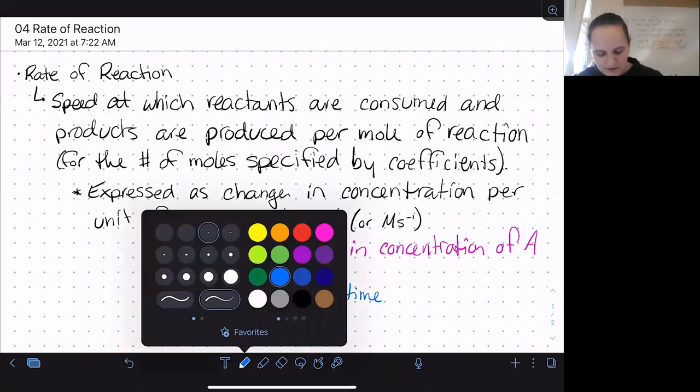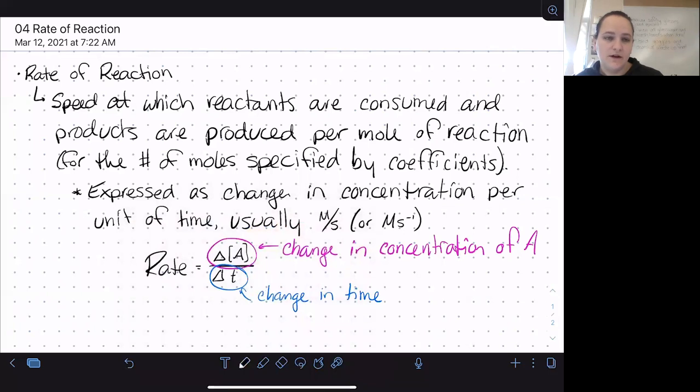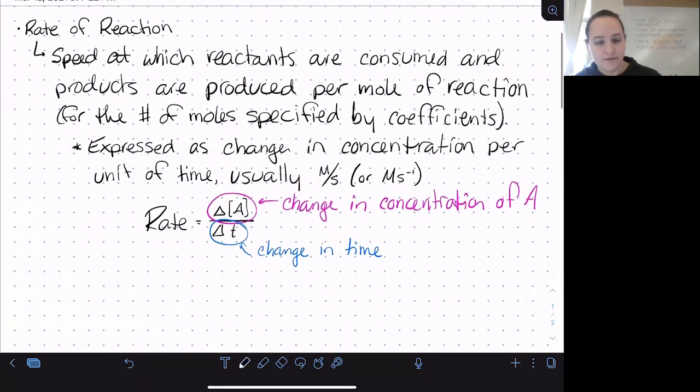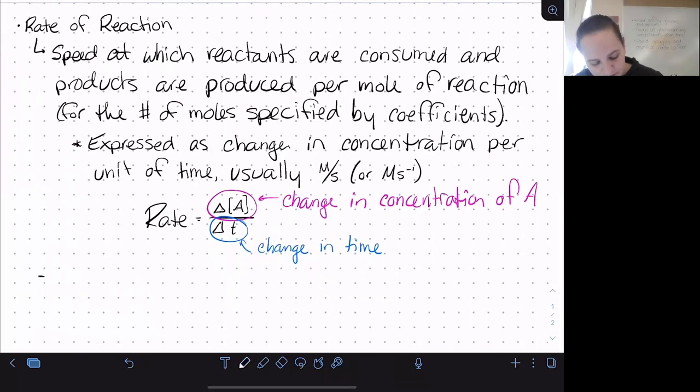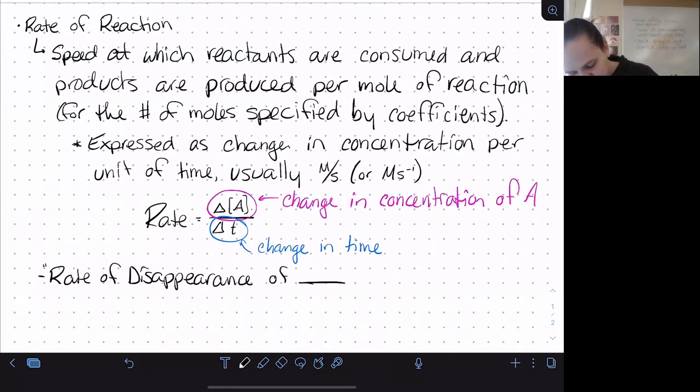So some other terms that you will see, the rate of reaction is describing the reaction as a whole, but we can also describe the rate relative to one specific reactant or product. So you'll sometimes see the rate of disappearance of something, which is the rate at which a reactant is being consumed.